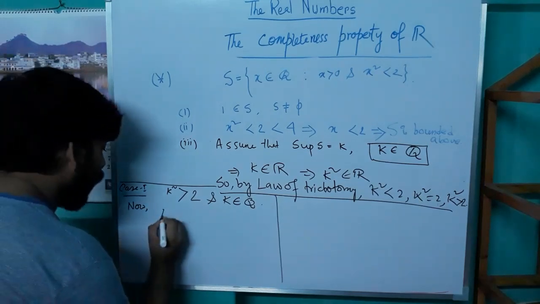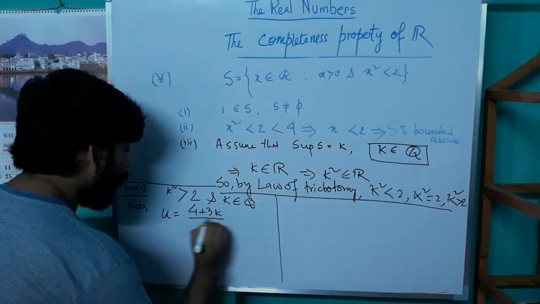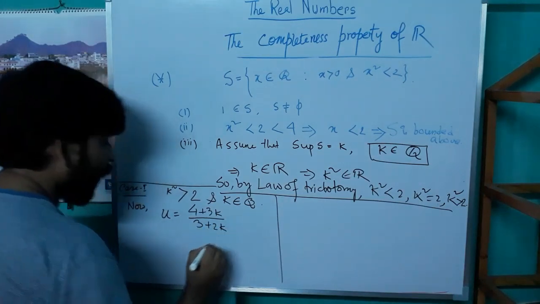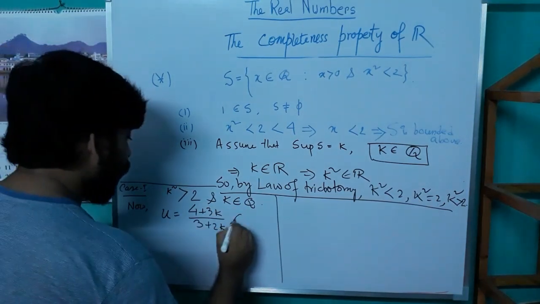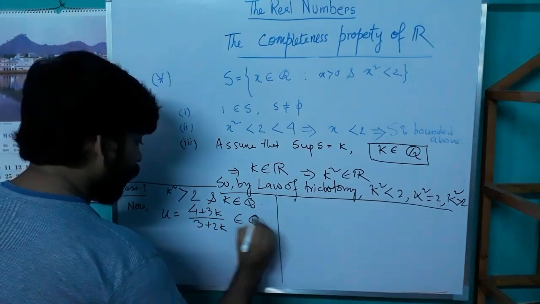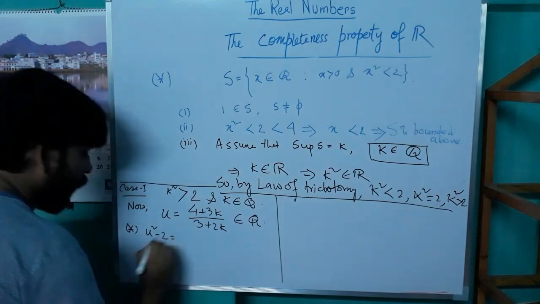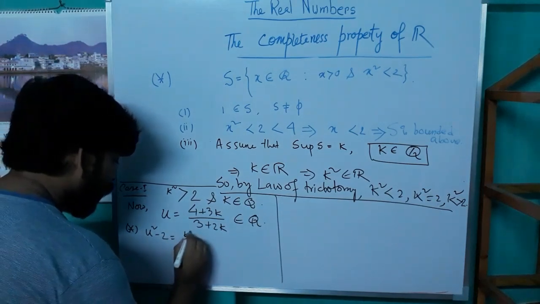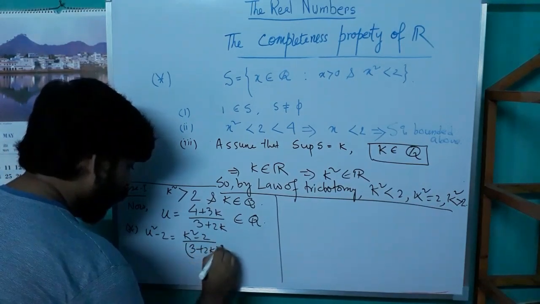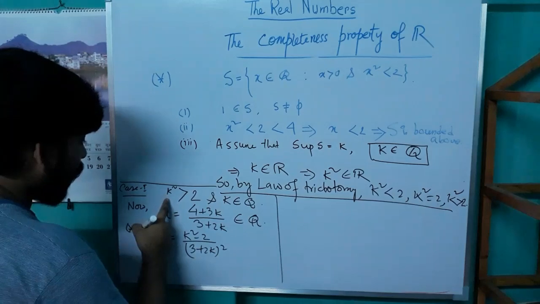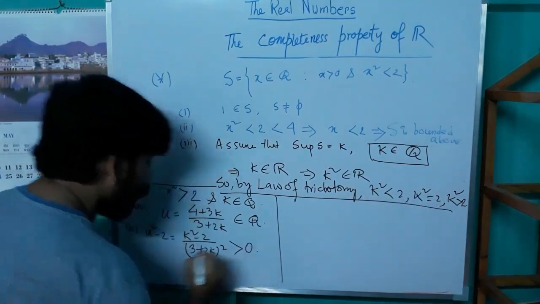Now we construct a new number u as (4 + 3k)/(3 + 2k). Since k is a rational number, obviously u is a rational number. Now first observation, u square minus 2 is the same as (k square minus 2)/(3 + 2k) whole square. Since k square is bigger than 2, u square minus 2 is bigger than 0.